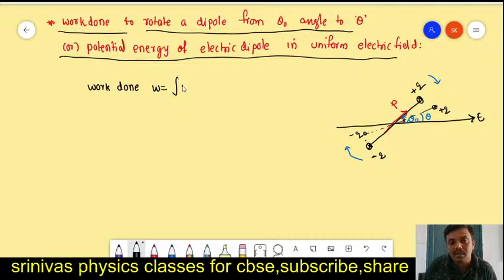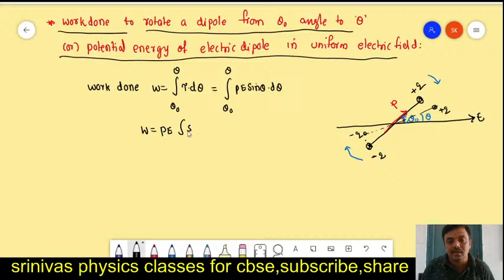Work done formula is integration of tau d theta. Actually, work done is force into displacement. For rotation, force is replaced with torque and displacement is the angular displacement. Torque formula we know already: P E sin theta d theta, from theta naught to theta. Then P E we can write aside.